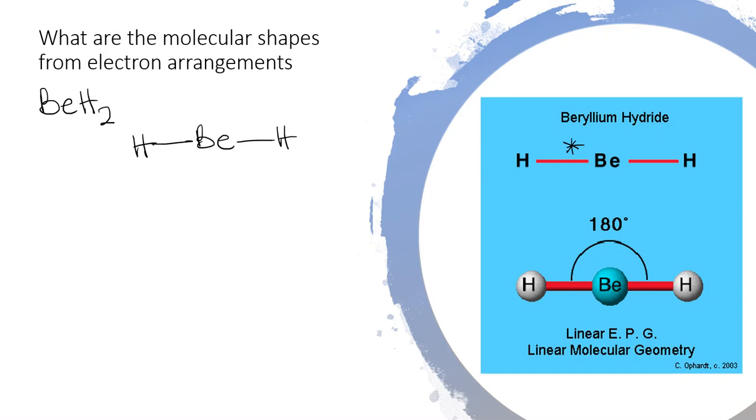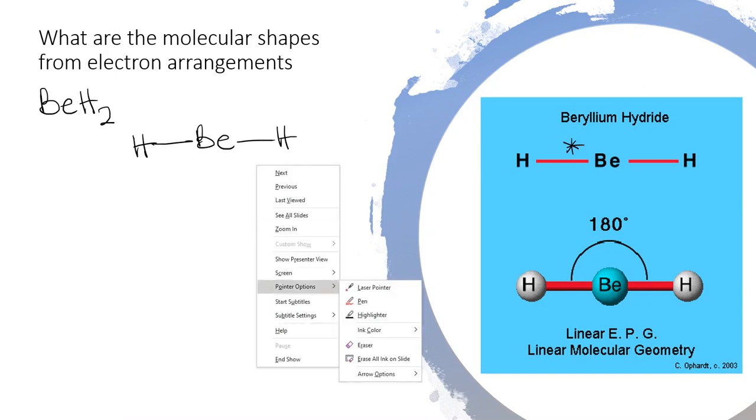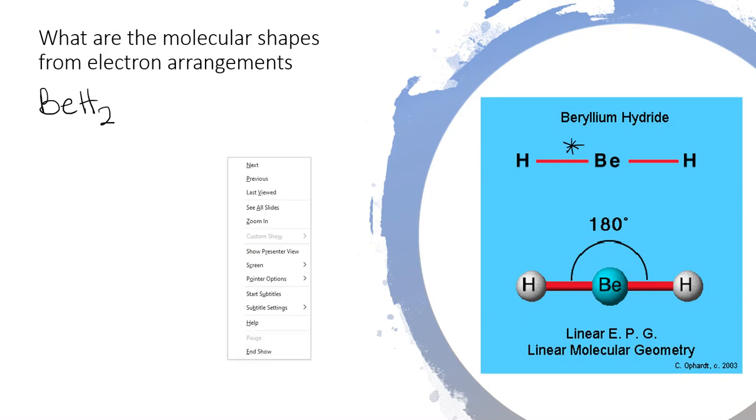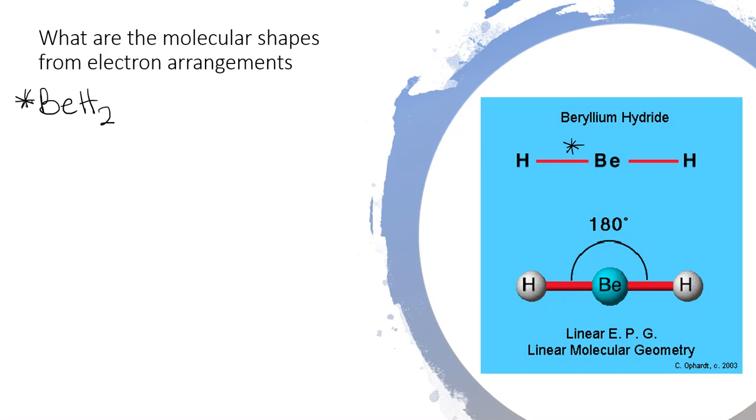Now, let's suppose you are given beryllium dihydride as indicated by this formula, and let's suppose you are not given this information. How do you determine the shape of this atom?